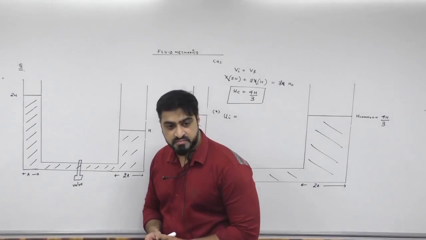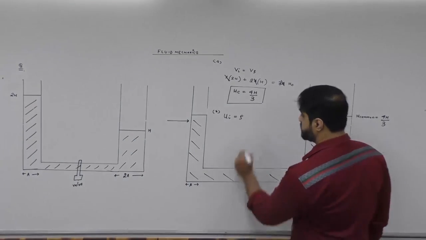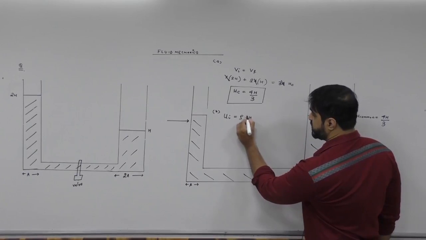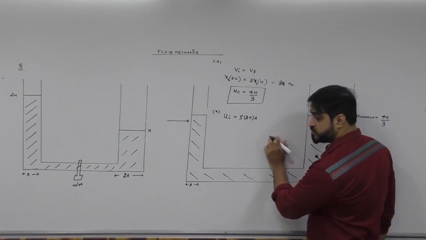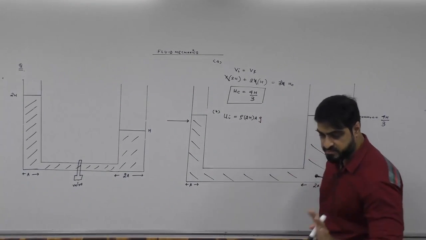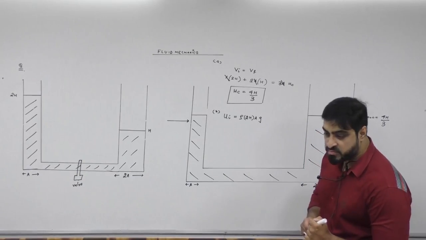m क्या रहेगा इसका? Density into volume बताइए उसका. 2a, 2h into a. ये हो गया m. g. Correct? Now pay attention. Where will h come?